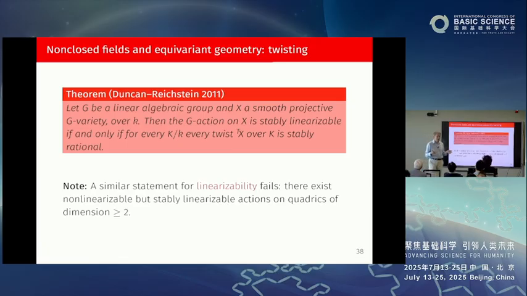So this is pretty powerful because we are much more comfortable working over fields than working over BG, and that allows us to translate questions about stable linearizability to stable rationality. Well, the first thing that you think about when you read this is, what about linearizability? Well, it turned out that for linearizability it fails.